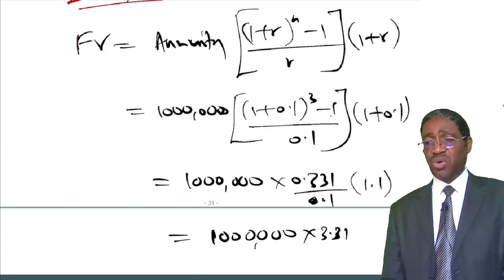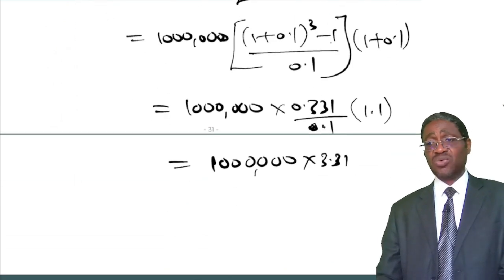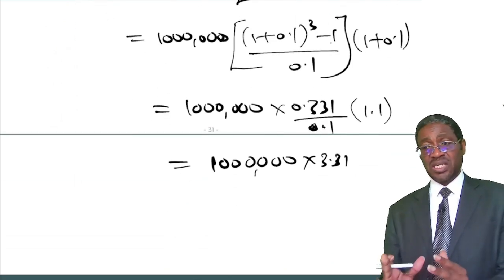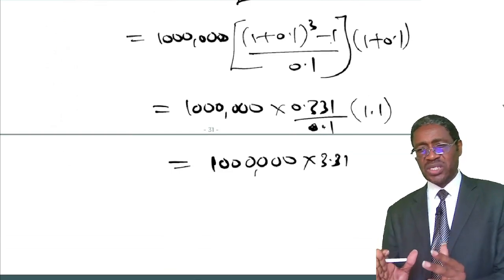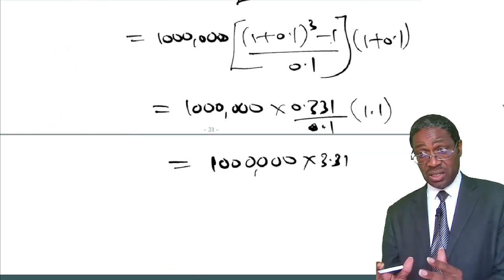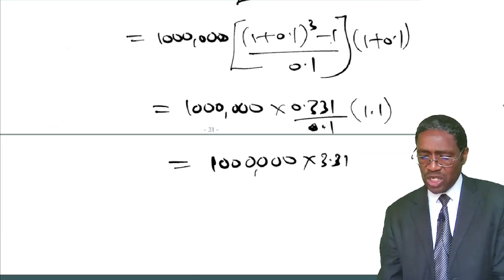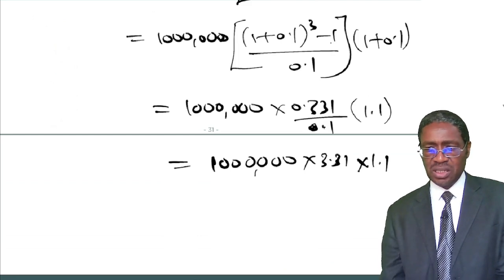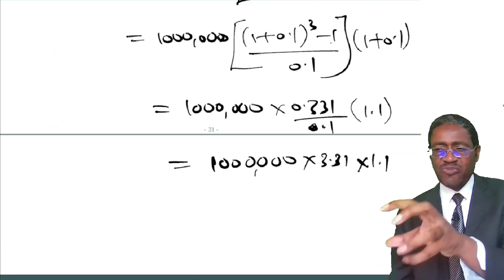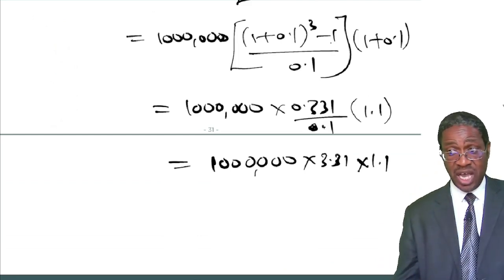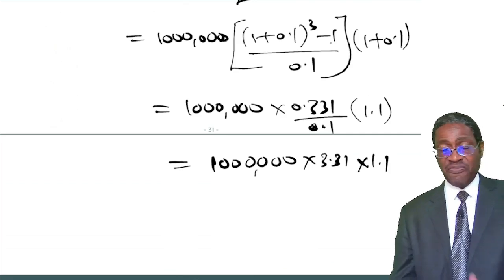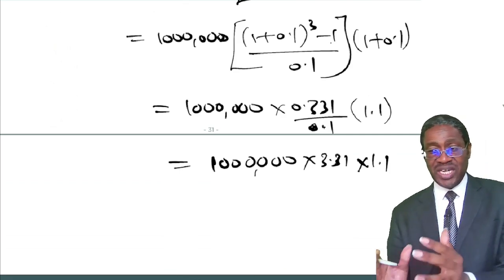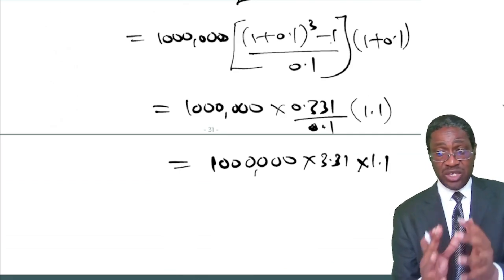Now, watch this. This is what we got for ordinary annuities. But now we are multiplying by 1.1. What am I doing? It's like I'm adding interest for another 1 year. The first portion was the same as ordinary annuities.